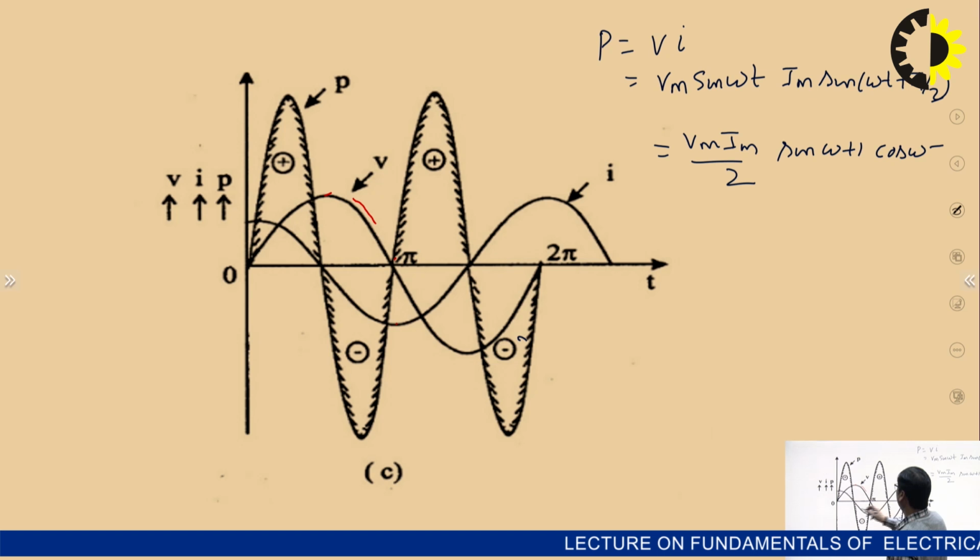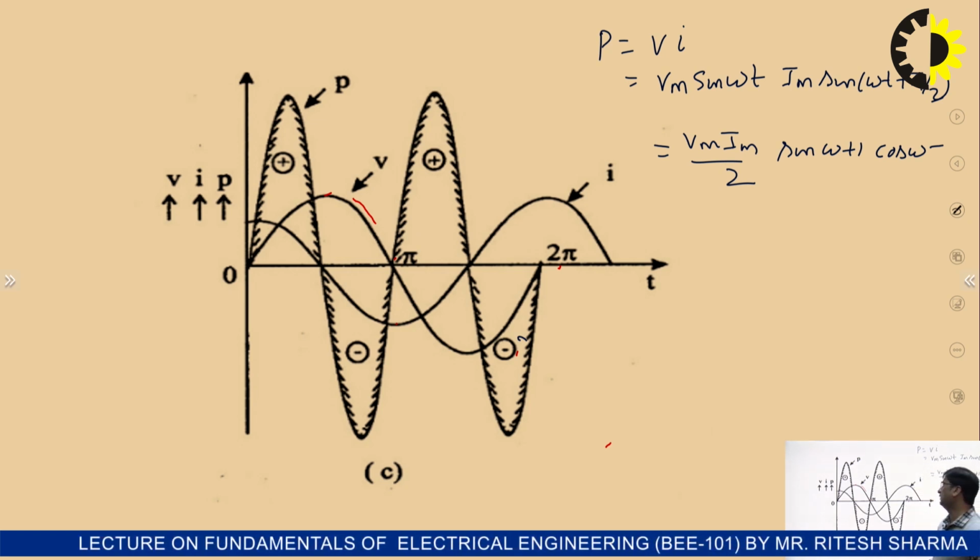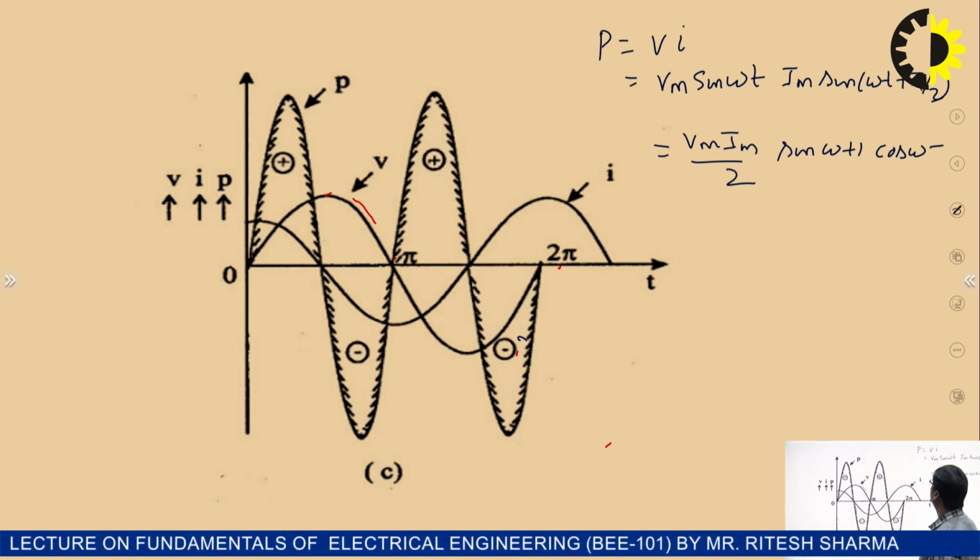So this is how it goes for one cycle. But the power is going like this, plus and minus, so the average power will be 0. So this is how we can find the power in a circuit.